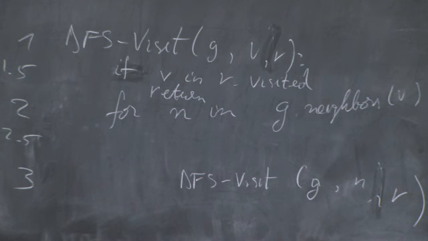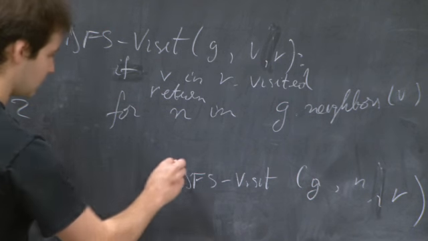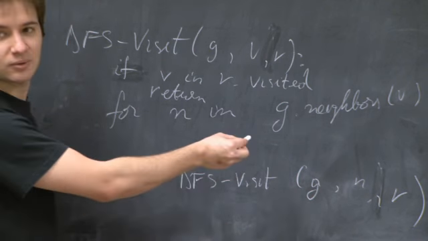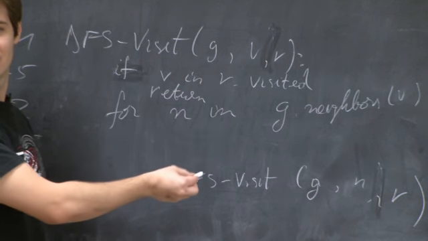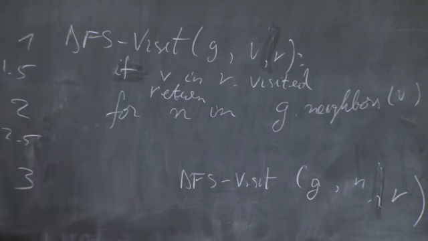But you don't need to do it n times. Wait, so here you're saying r dot visited of n equals true? No, change that. Put that into the loop.